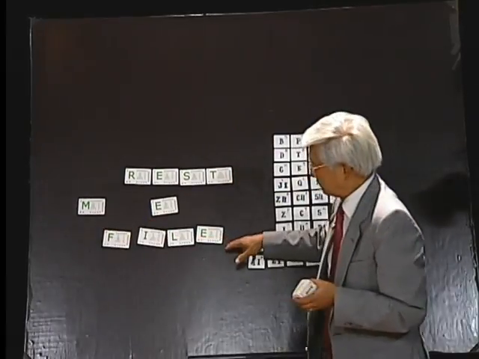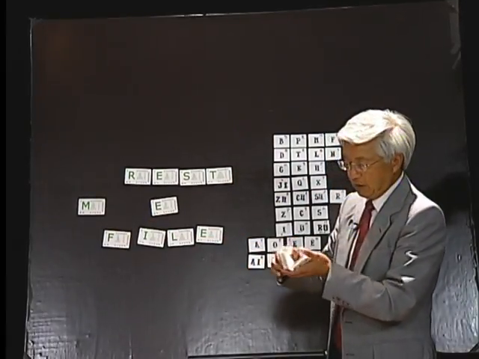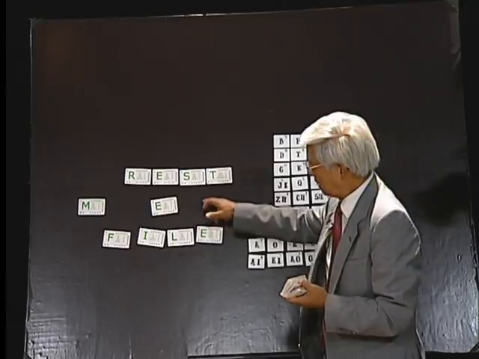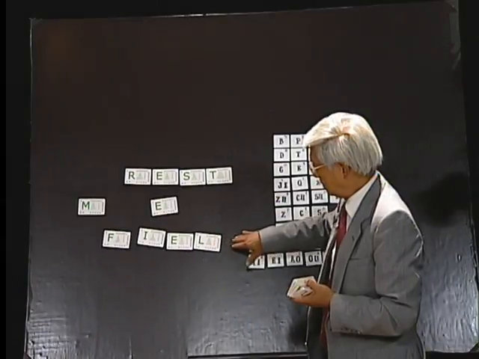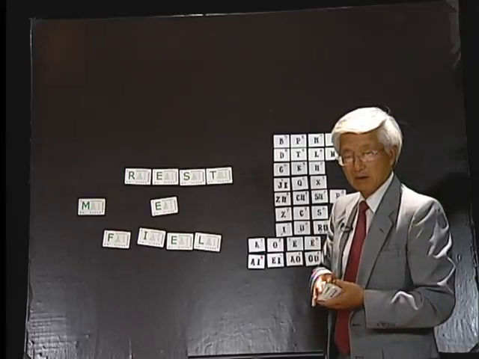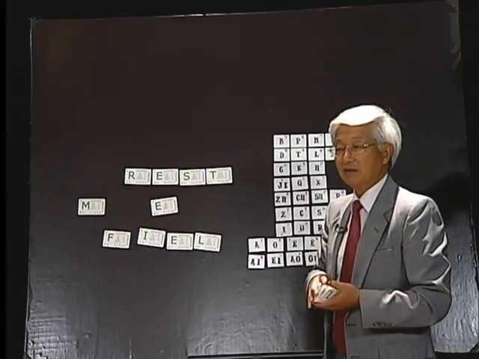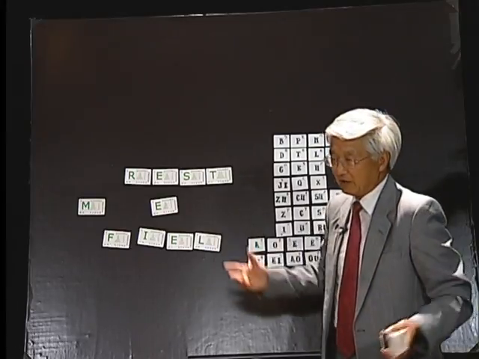Now, let's pretend if I have a D come up, can you make something out of this? No? If I do F, I, E, L, and a D. Oh, field. Running around in the field, right?